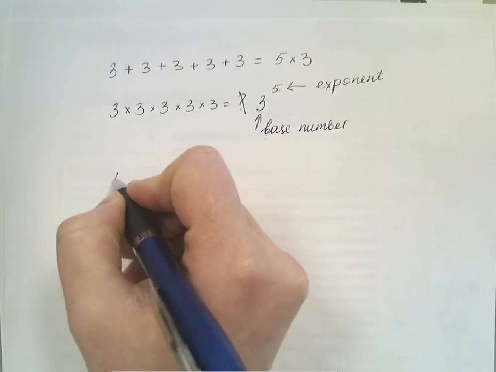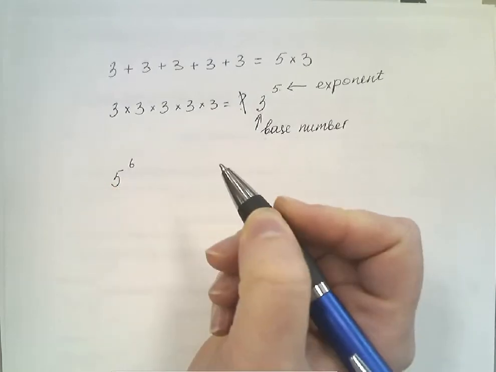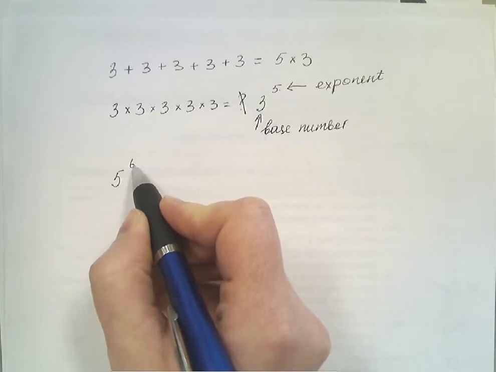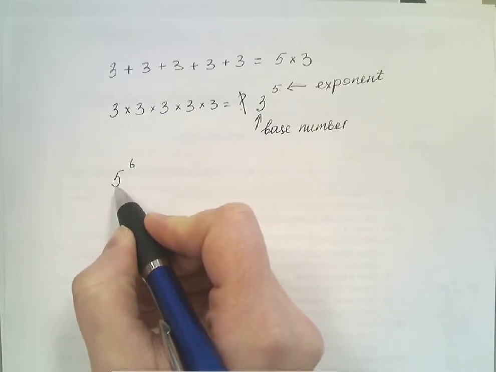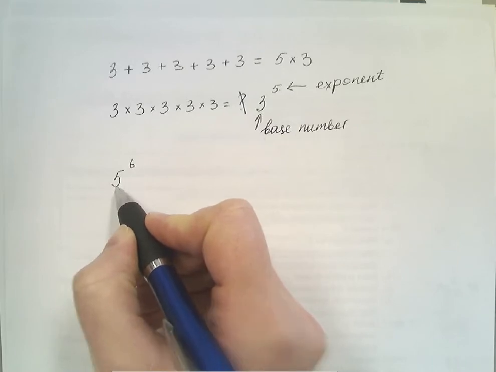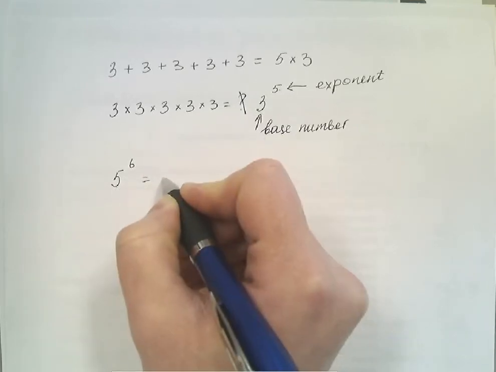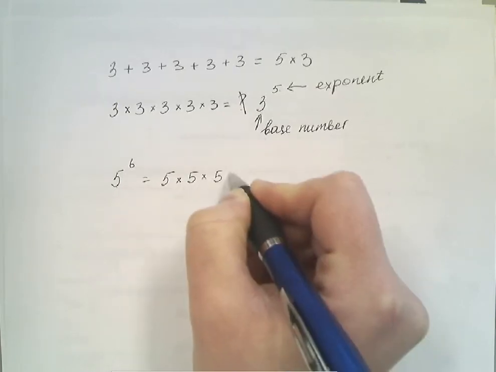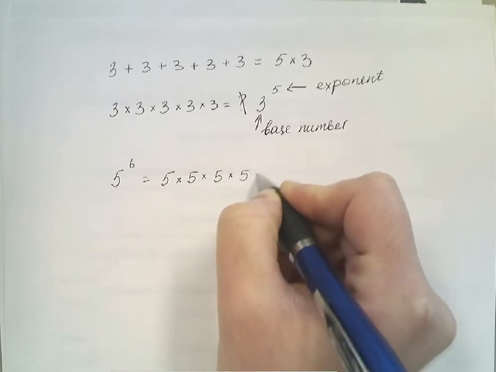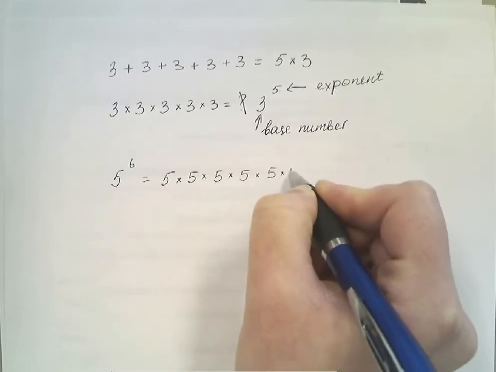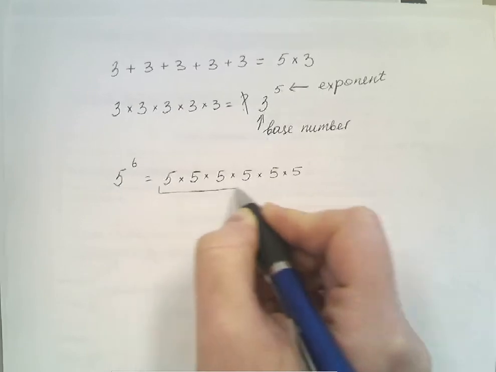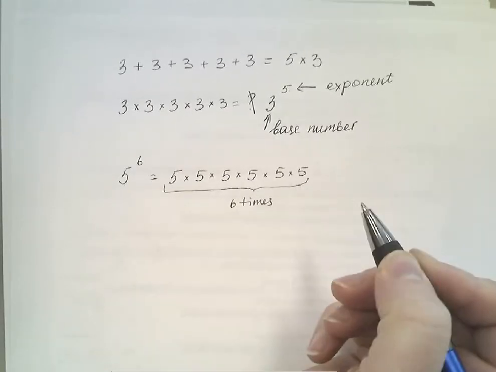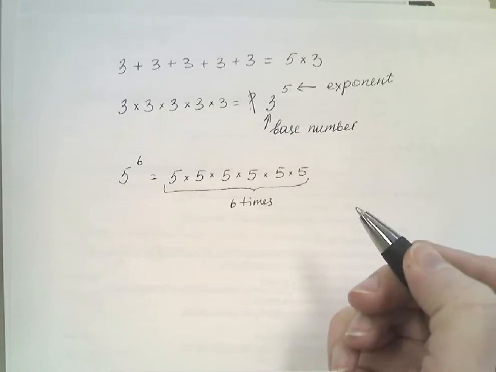So let's say 5 to the sixth. 5 to the sixth. 5 is the base number, 6 is the exponent. The exponent is telling us how many times 5 is multiplied by itself. So 5 to the sixth is 5 times 5 times 5 times 5 times 5 times 5, multiplied by itself 6 times.